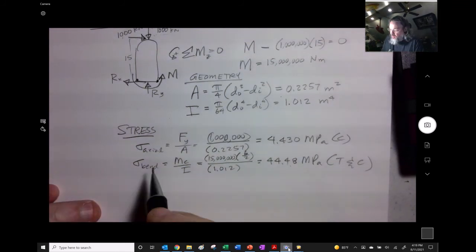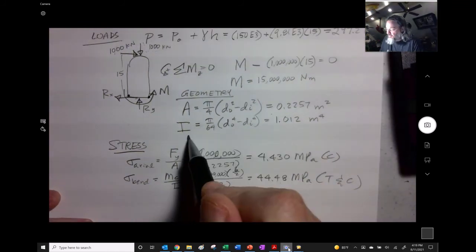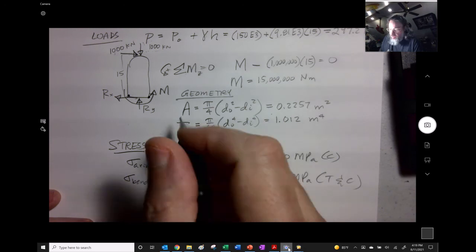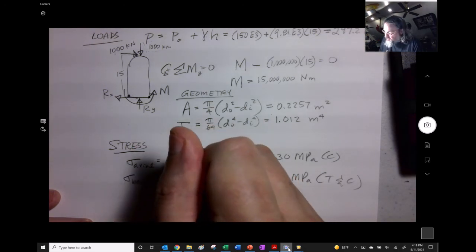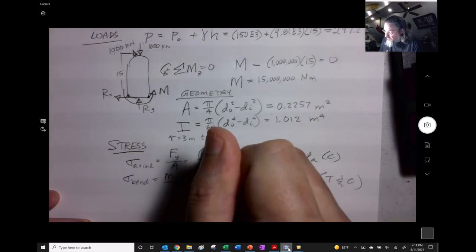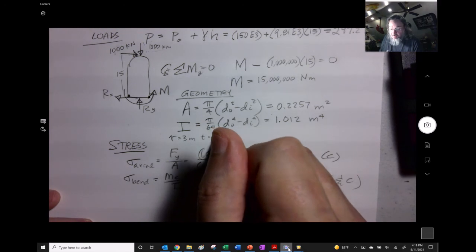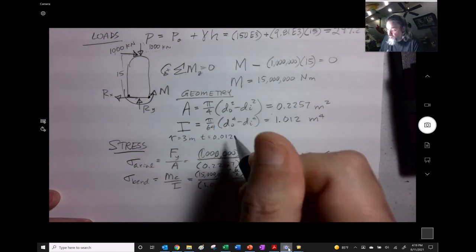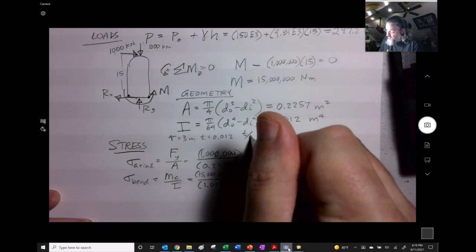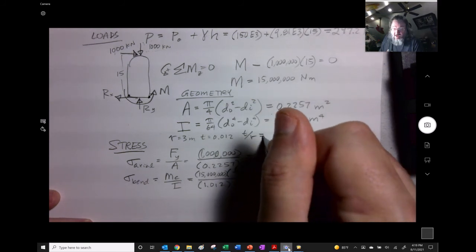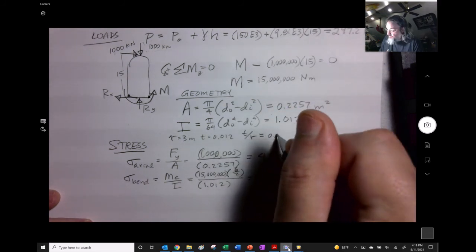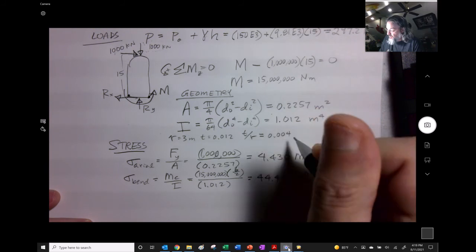We have to decide, by the way, some of the geometry we might want to have picked up on somewhere. We said the radius was equal to 3 meters, and the thickness was equal to 0.012, right? So the thickness divided by r ends up being 0.004.